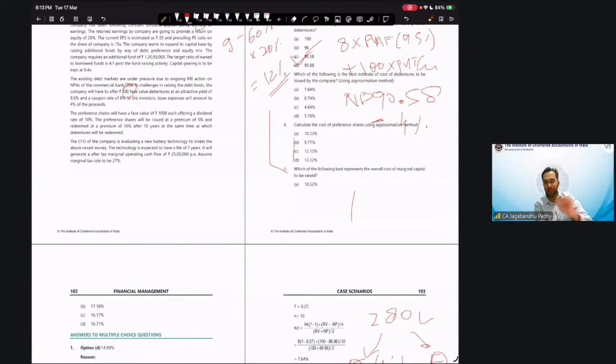Is it net expected or next expected? Net expected dividend. So net expected is basically the current year. If the question says expected dividend after a year, then you will take it as D1.